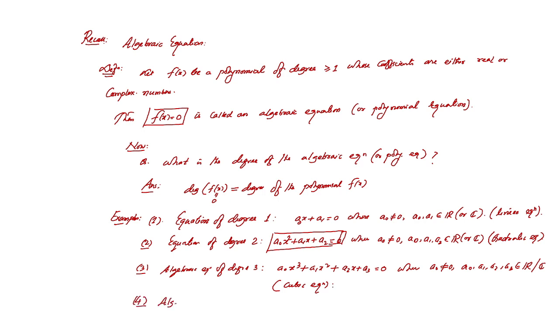Now, algebraic equation of degree 4: a0x to the power 4 plus a1x cube plus a2x square plus a3x plus a4 equals 0, where a0 is non-zero and all ai are either real or complex for i equals 0, 1, 2, 3 and 4.